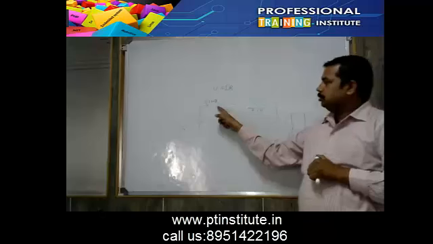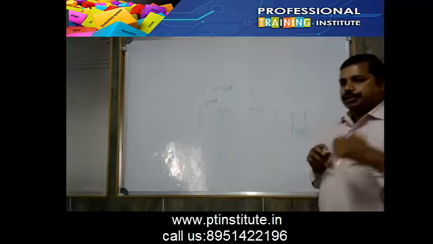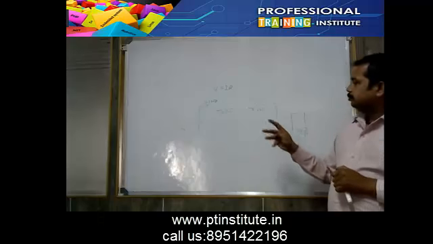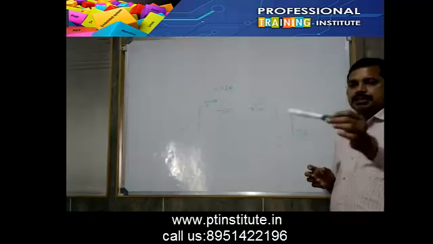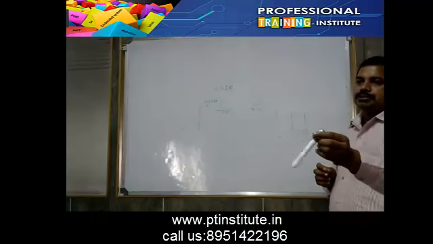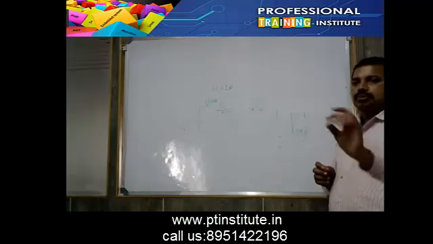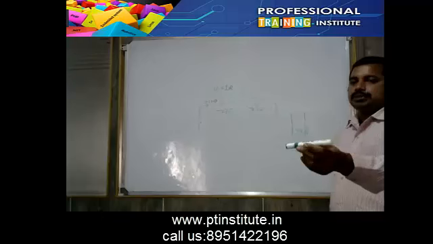This one? How do you know this is positive? Okay, current is entering. If current is not there, can you tell which one is positive? Consider this is the resistance, no current is flowing, only this component. Which one is positive in this?